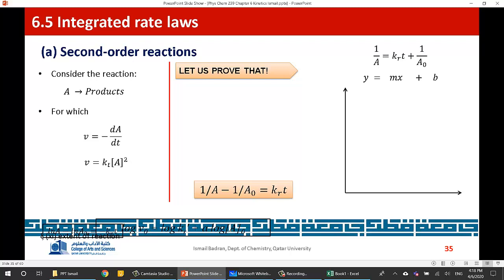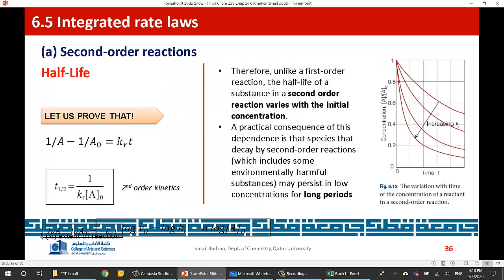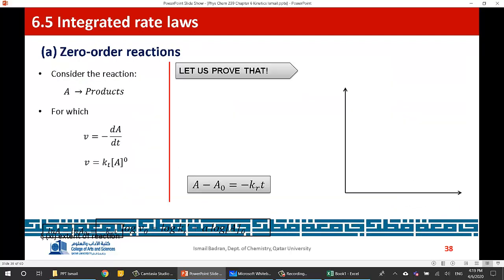It's going to go up, not down, and the slope of that line will equal KR. The half-life of that, I will leave you to derive. It's going to be T half is equal to 1 over KR A naught. Please do that derivation.